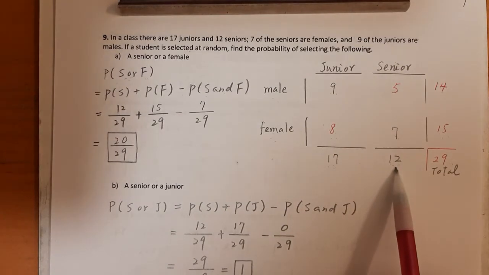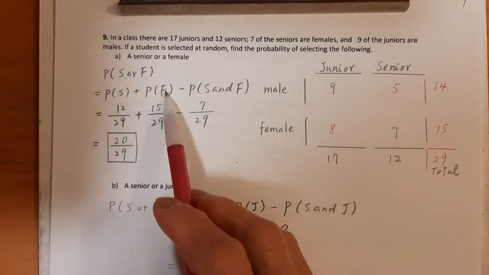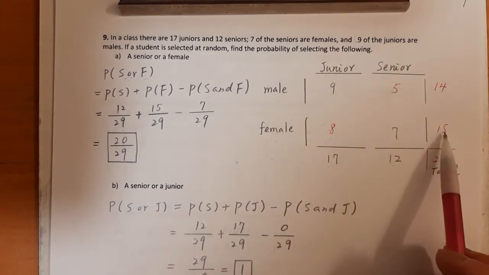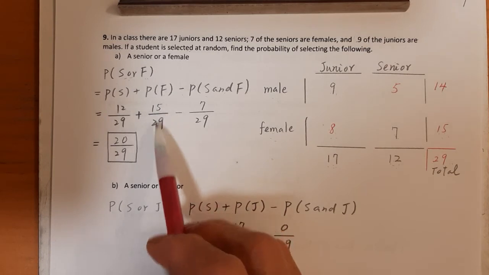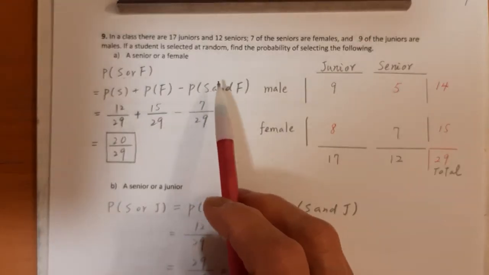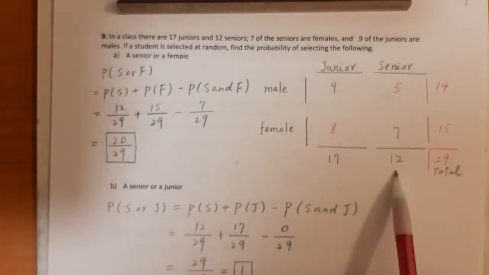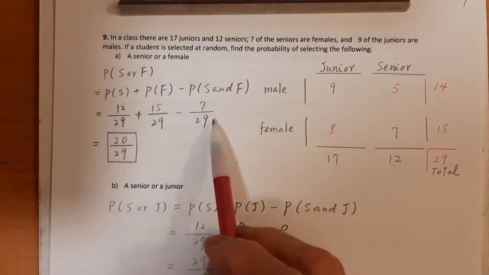Senior is 12 out of total 29. Female has 15, so the probability of female is 15 out of 29. Senior and female is 7, so the probability is 7 out of 29.